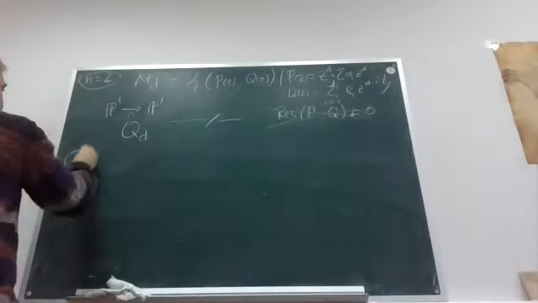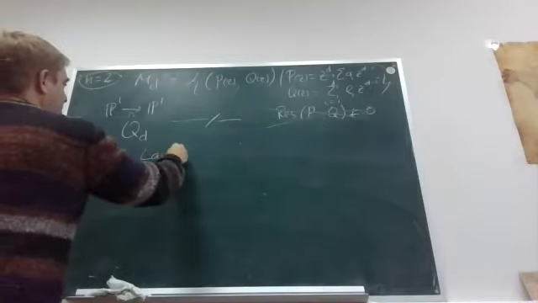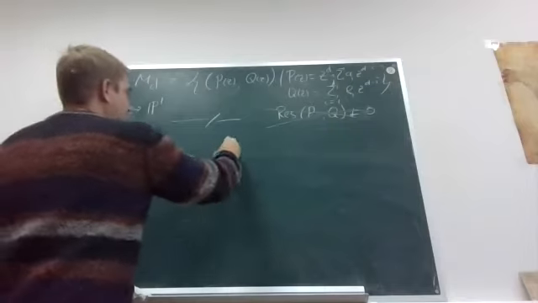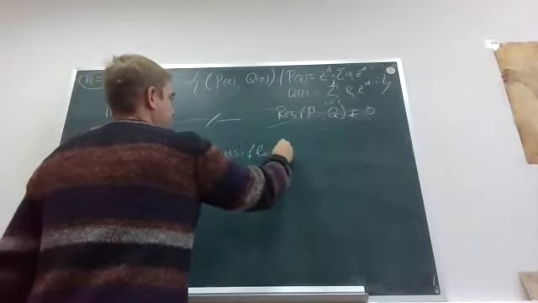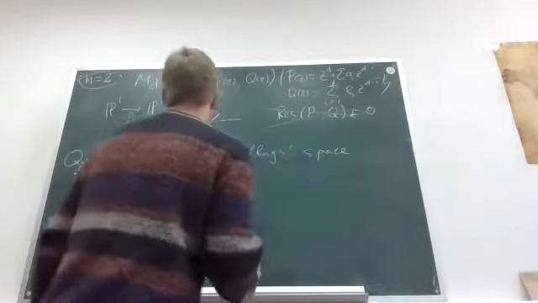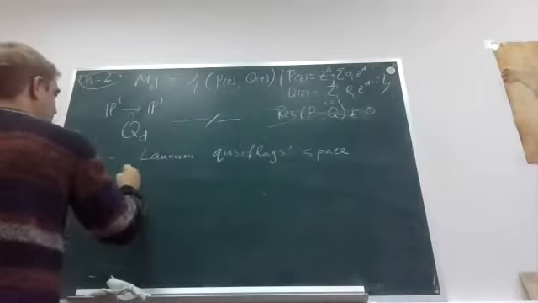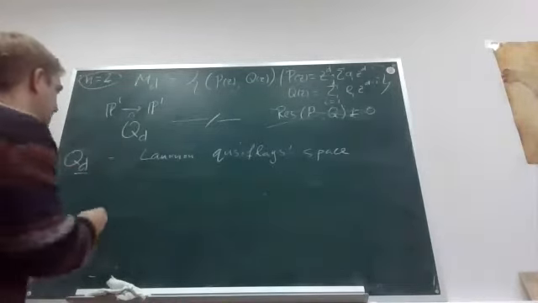So QD is called Laumon quasi-flag space. And it is known to be a smooth quasi-projective closure of MD.